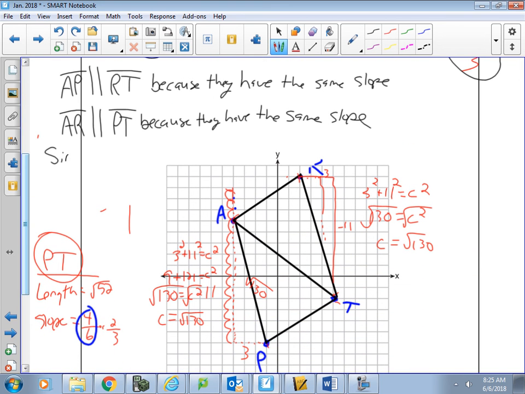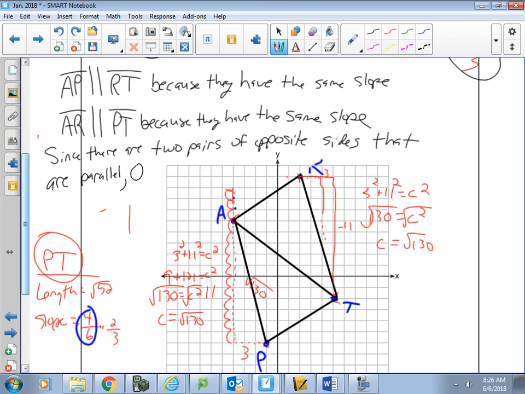Okay, since there are 2 pairs of opposite sides that are parallel, quadrilateral PART is a parallelogram. All right, that's it.